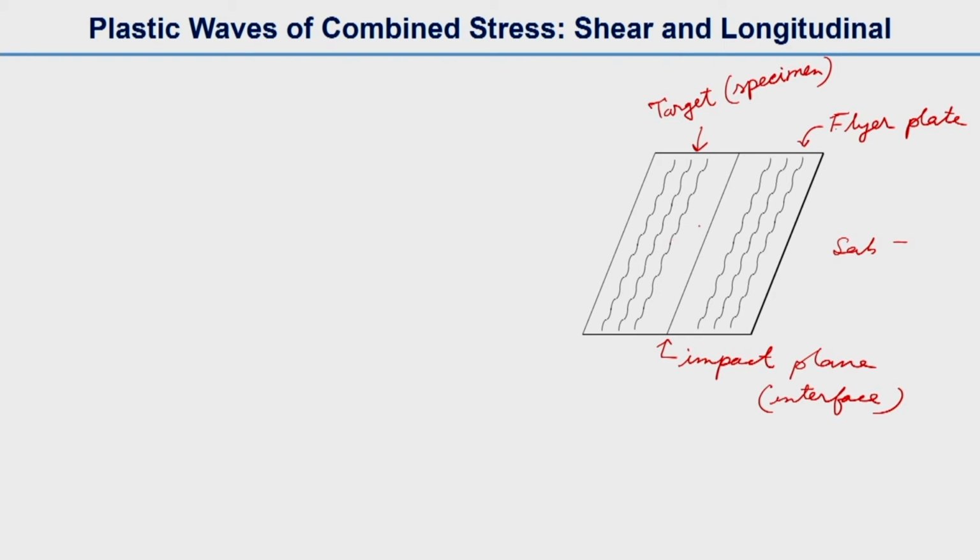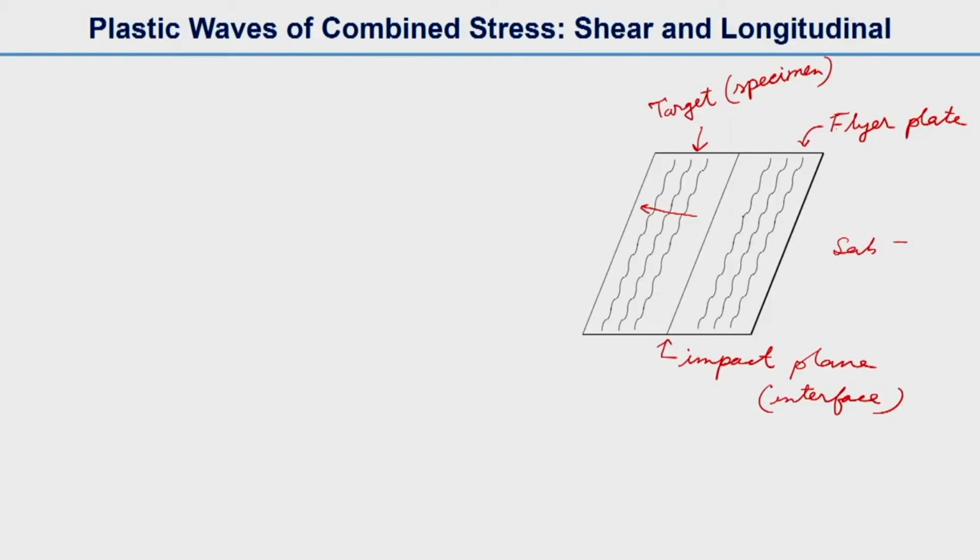So here the wave, in both the target and the flyer plate, will move in the direction perpendicular to the interface. But if we see the different waves, the fastest wave which will be ahead is the elastic longitudinal wave, the second wave will be the plastic longitudinal wave, and the third wave is the shear wave.